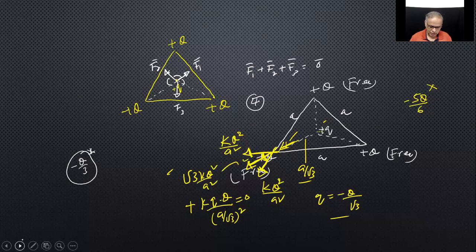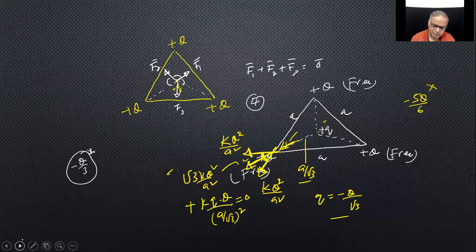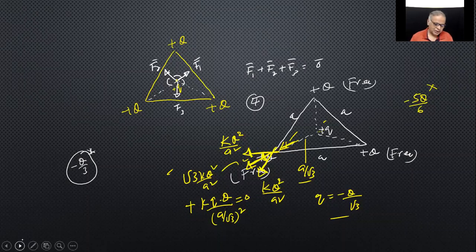So is this equilibrium stable? That's one question. And what is the interaction energy of such a system? That is an important question, actually speaking. Let me write my question on the next page.